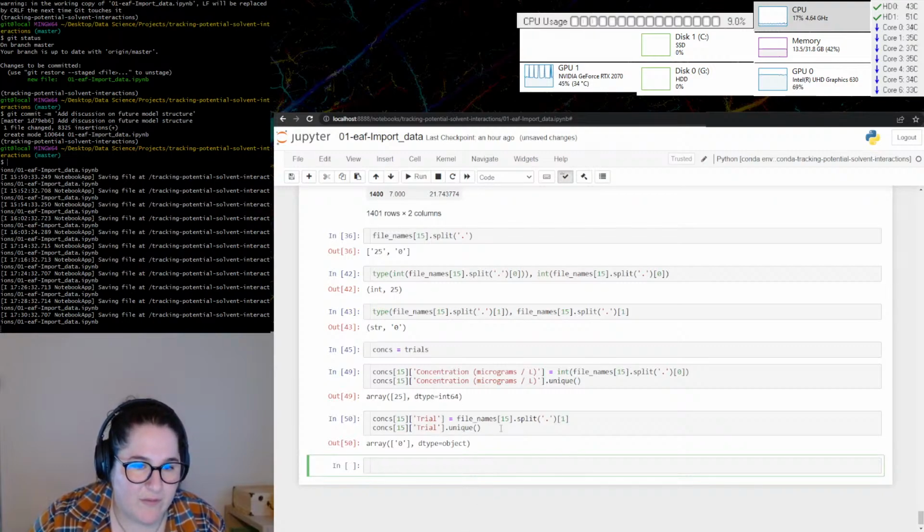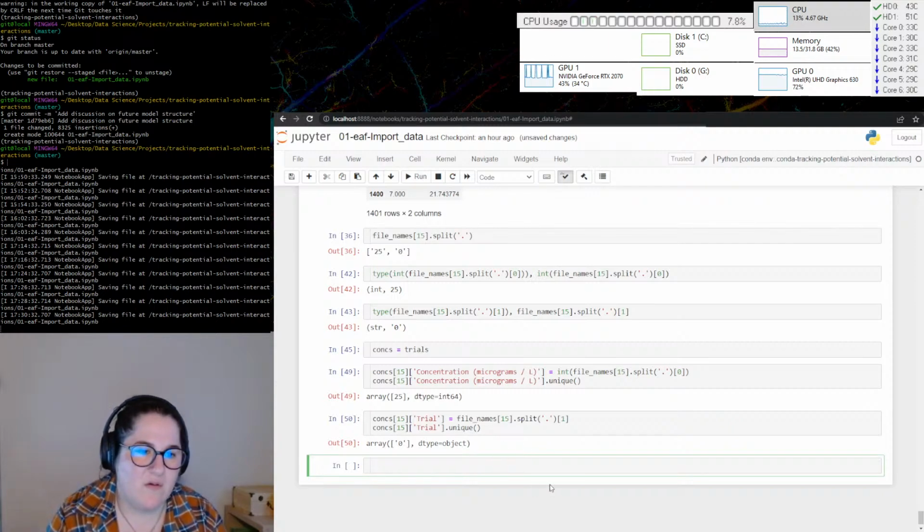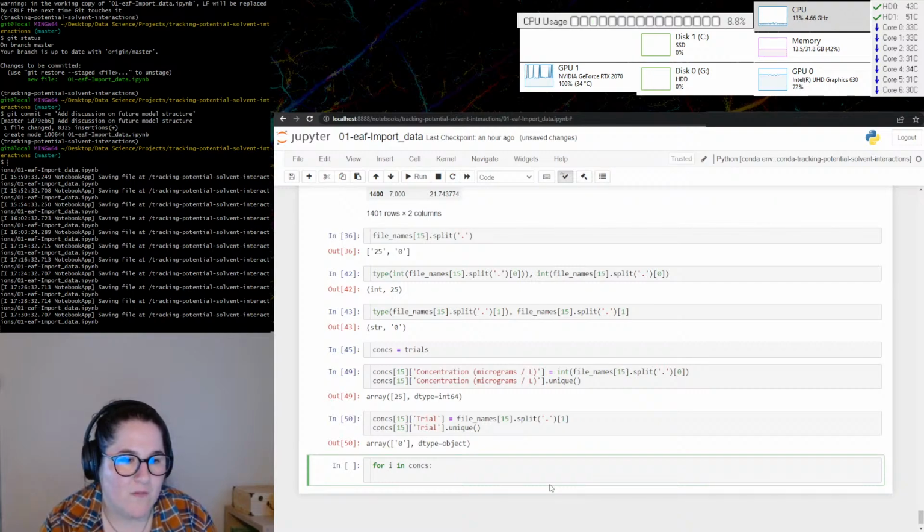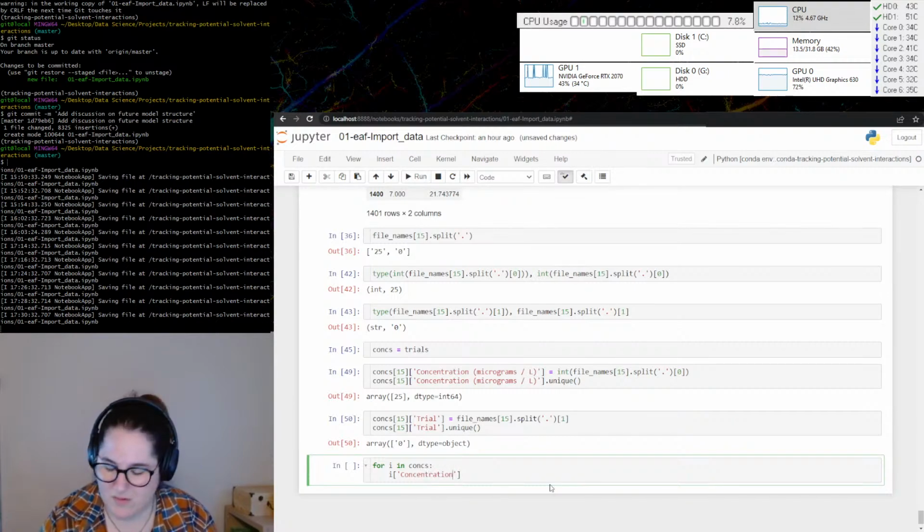And then we want to do both of these same things at the same time. So we have our conx equals trials, and then let's say for I in range of 0 to the length of conx.